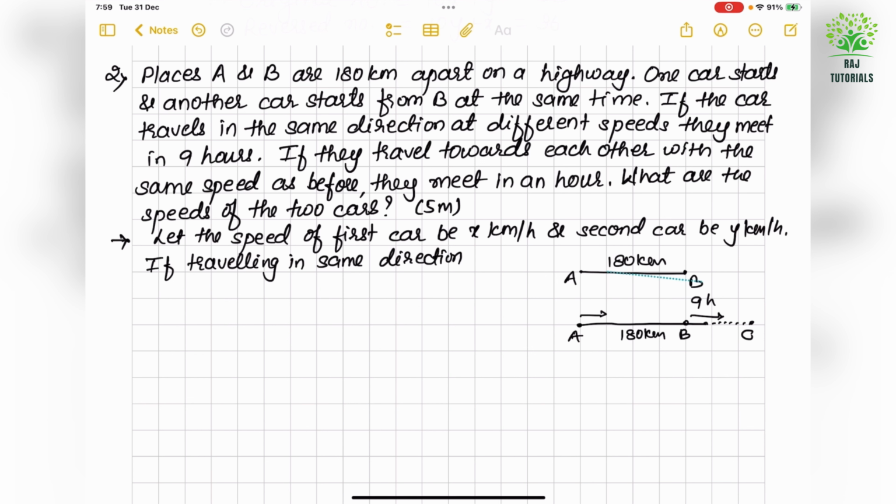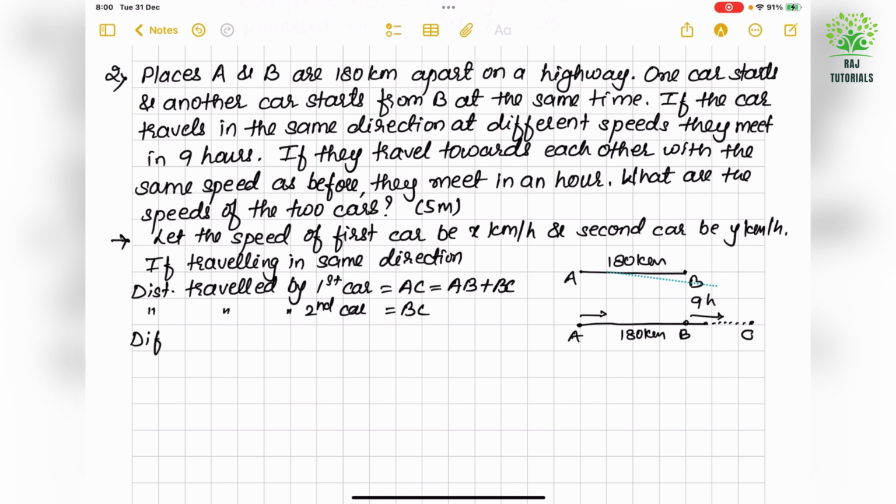So, if traveling in the same direction, they are meeting at C point. The distance traveled by the first car will be AC, that is AB plus BC, and the distance traveled by the second car is BC.